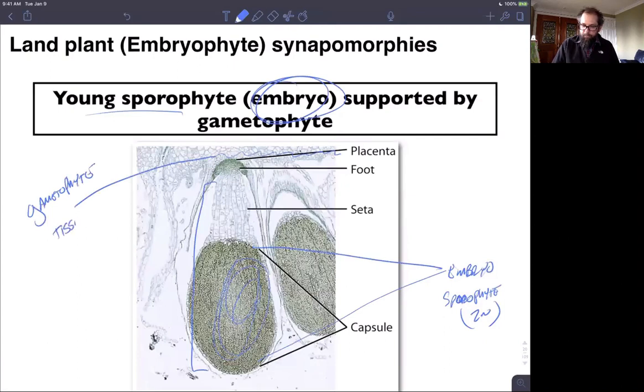You might notice another familiar word on here, and that's the placenta. The placenta is a tissue type that transfers nutrients from that gametophyte to the sporophyte, to that developing embryo.